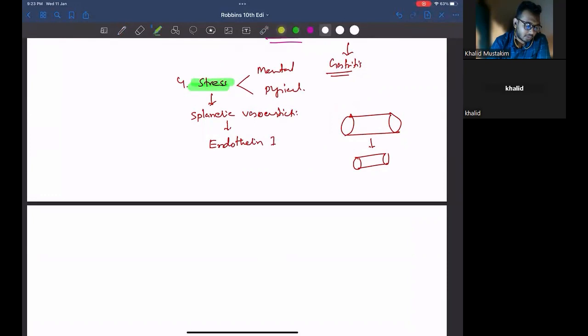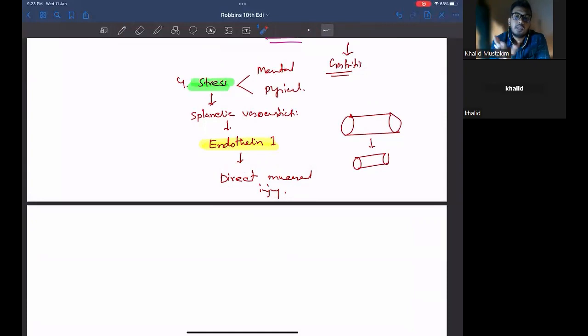And this endothelin 1 is actually responsible, on one hand, for vasoconstriction, and on the other hand, this endothelin causes direct mucosal injury. So when some factor is causing direct mucosal injury, obviously we'll have gastritis. So this is the very basic, simplest mechanism of all kinds of stress, what is happening here actually.